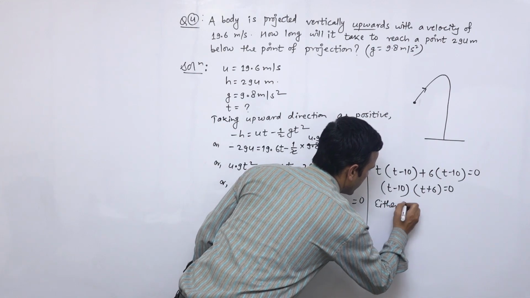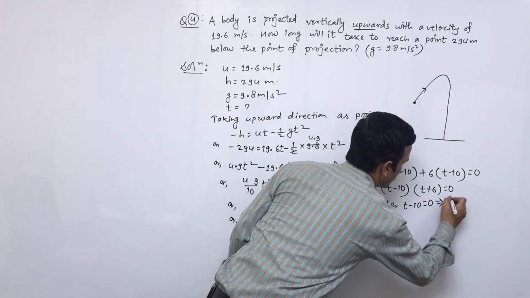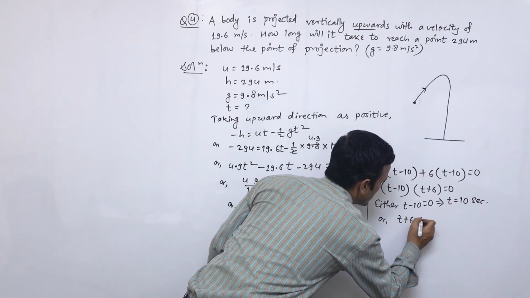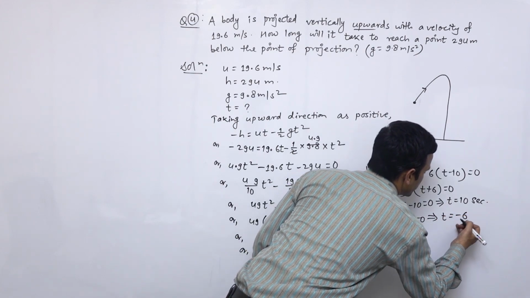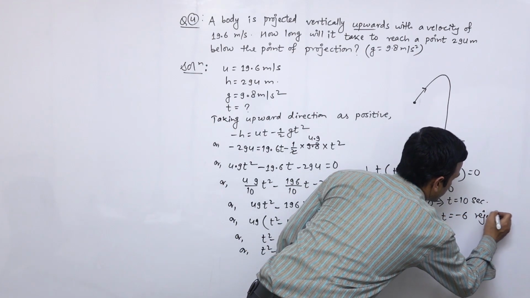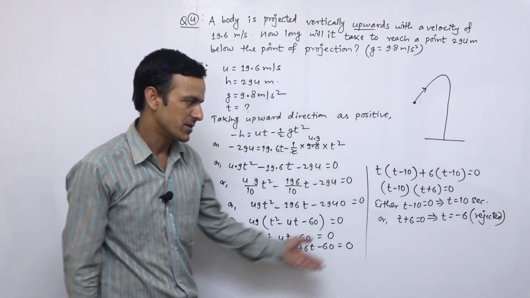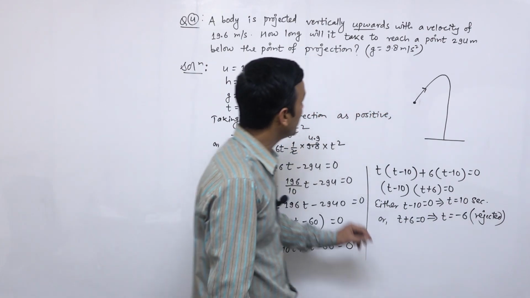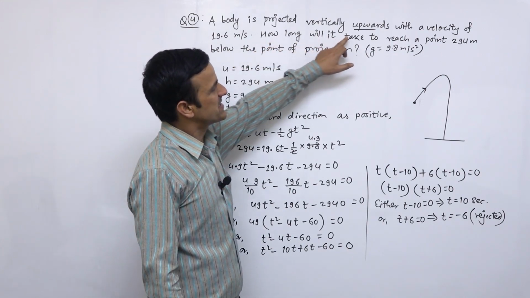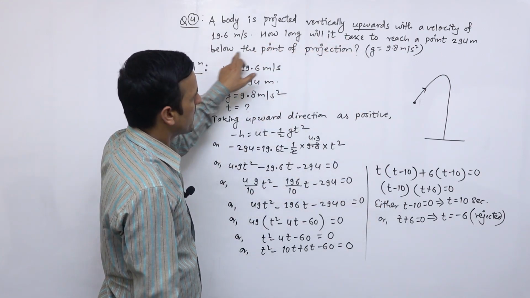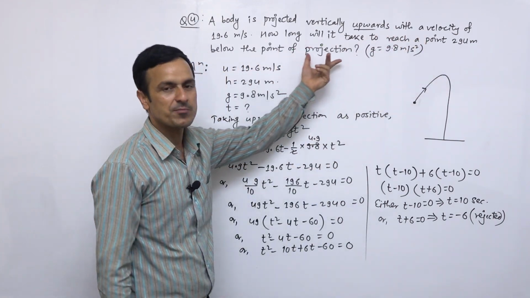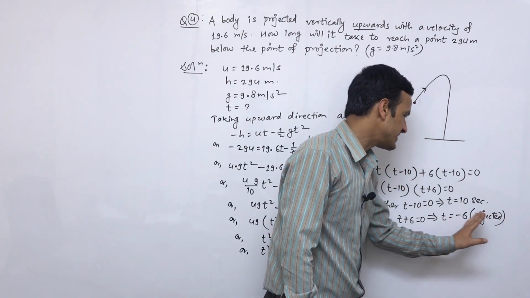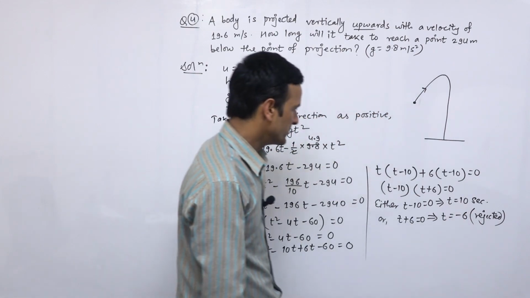So either t minus 10 is equal to 0, which implies t is equal to 10 second, and or t plus 6 is equal to 0, which means t is equal to minus 6. So this one is rejected because time is never negative, so we can ignore it and our suitable time is 10 second, which it takes to cover this distance below the point of projection. Minus time can never be negative, so we can reject it.